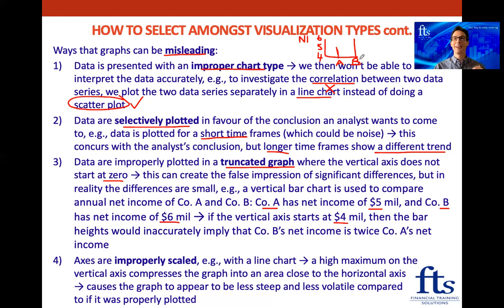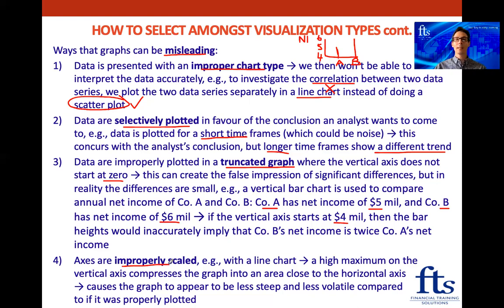So this graph is inaccurately implying that company B's net income is twice that of A, but meanwhile, it's not twice, it's only $1 million more.